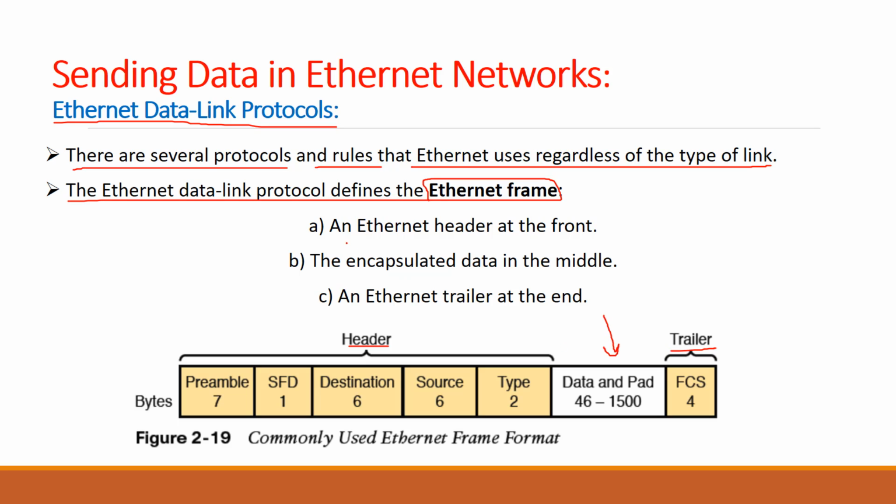So the Ethernet frame has an Ethernet header at the front, the encapsulated data in the middle, and an Ethernet trailer at the end. And those are the fields of an Ethernet frame: preamble, start of frame delimiter, destination MAC, source MAC, type, and the data. And here the trailer is frame check sequence.